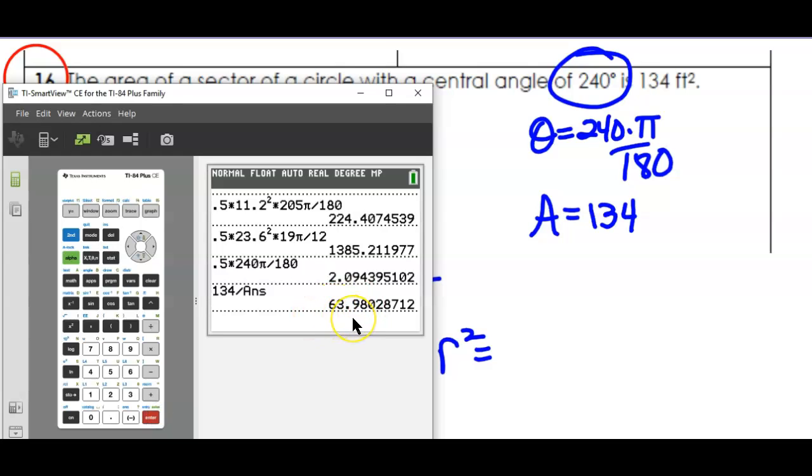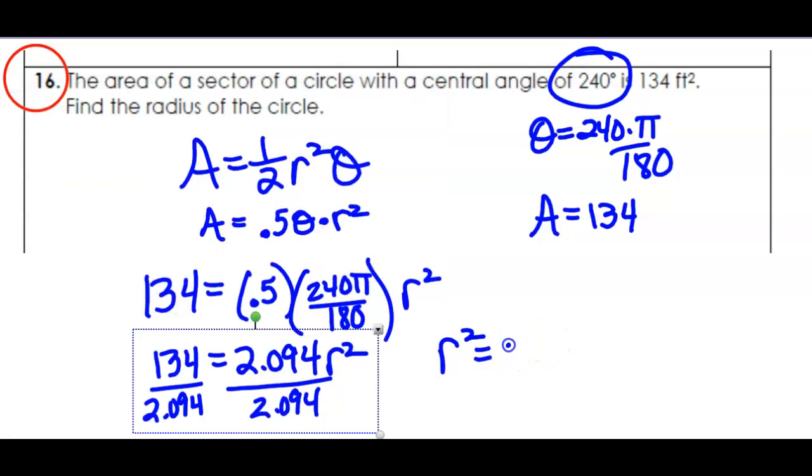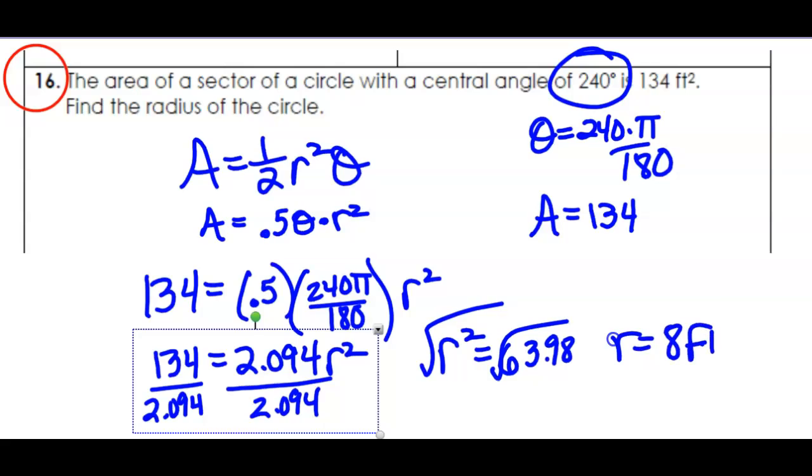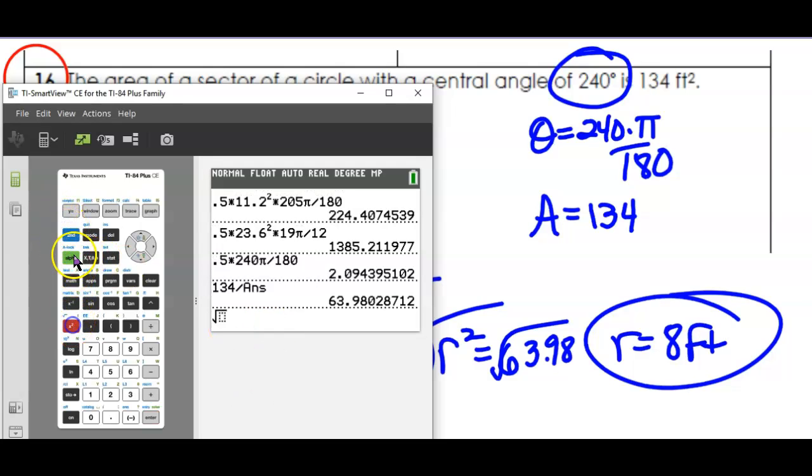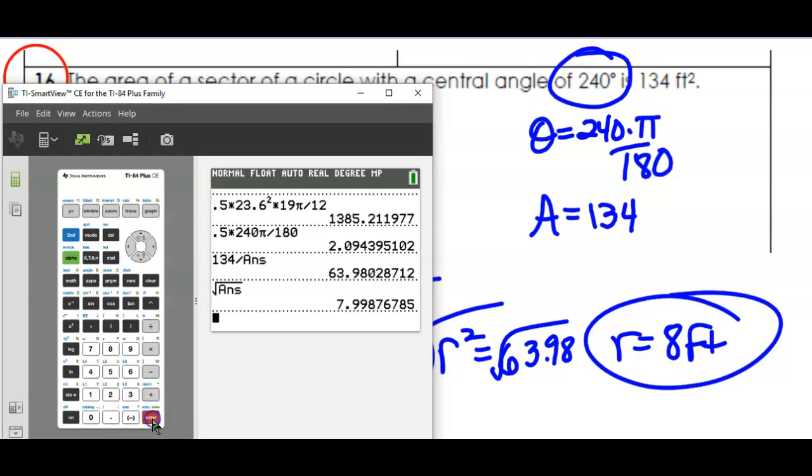And you get this, okay? Roughly 64. And what's the square root of 64, guys? 8 feet, okay? Now, I did that in my head. You can do it on the calculator here. Square root of that last answer. And it does round to 8.